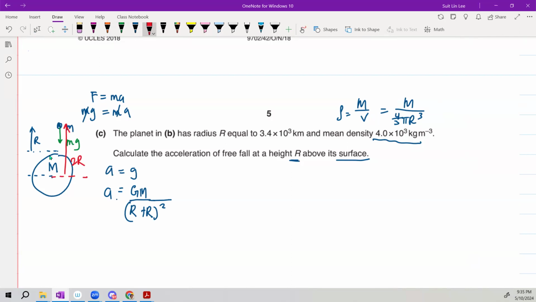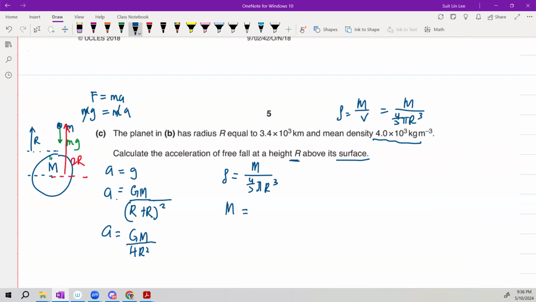And then you think to yourself, teacher, I don't know why it's R, I don't know why it's M. Don't worry, you have the density. And you also have R, this value. So let me rearrange my equation a bit. This will be GM over 4R squared. But at the same time, I know density is mass over 4/3 pi R cubed.